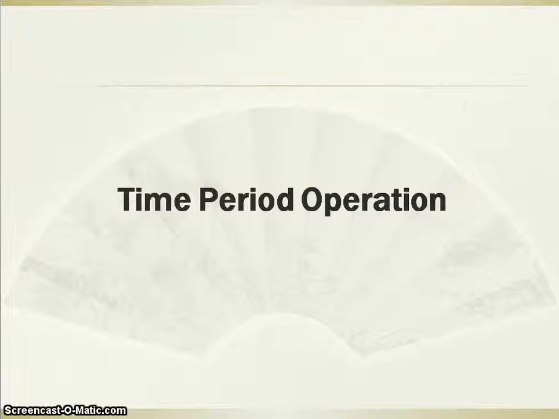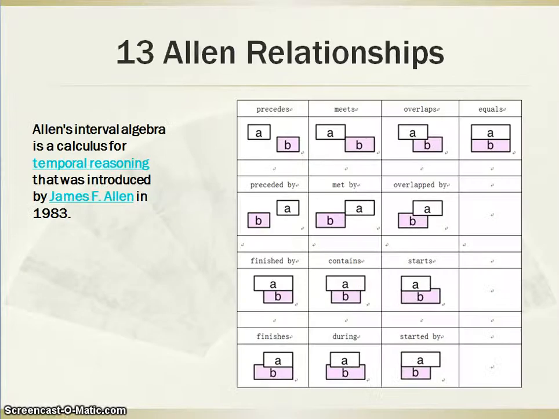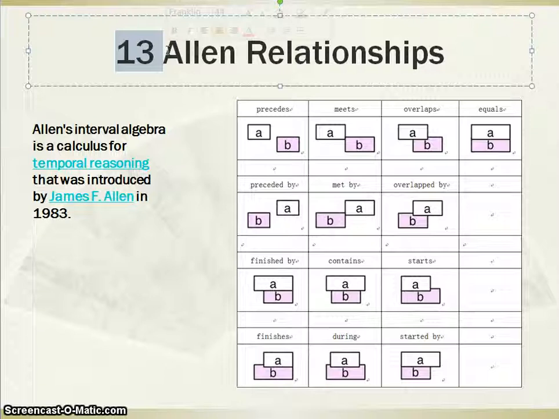Time period operation. First one, Allen relationship. In computer science, there is temporal reasoning that introduces the Allen relationship. Allen relationships define different kinds of relationships that describe all possibilities of two time periods.